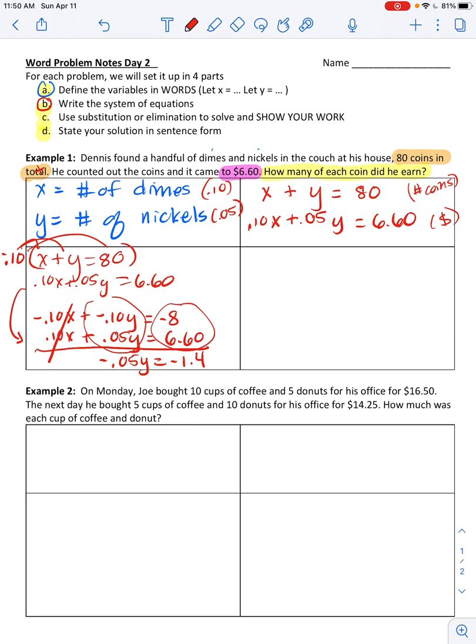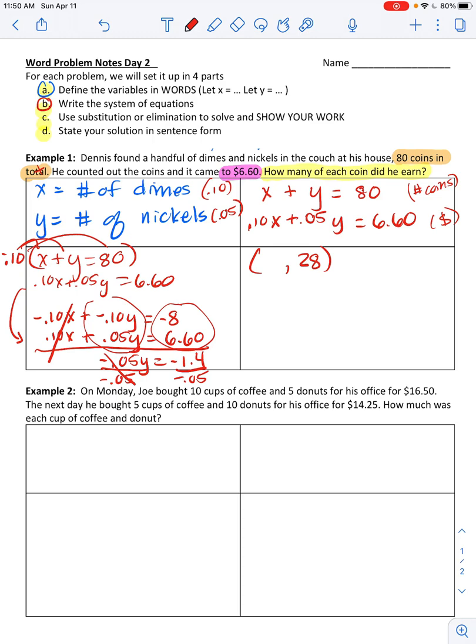So even though the numbers are kind of messy, I have a calculator, so I'm good to go. To find y, I'll divide by negative 0.05. So dividing negative 1.4 by negative 0.05, I get that y is 28. I'm just writing it like we used to, to make my life a little easier.